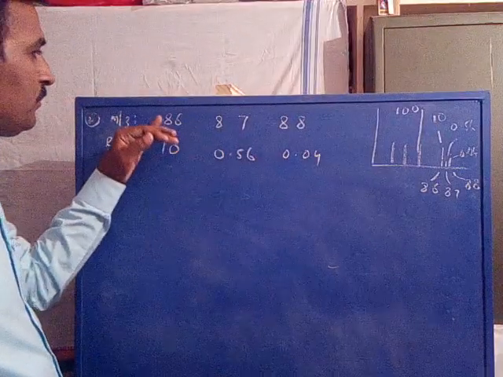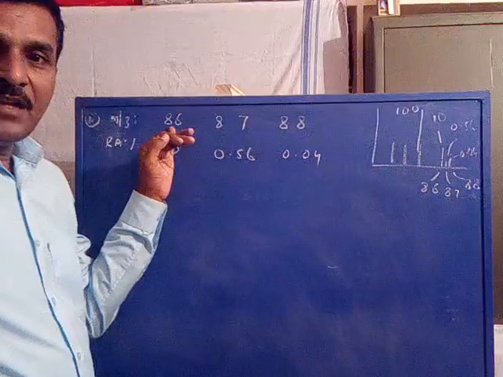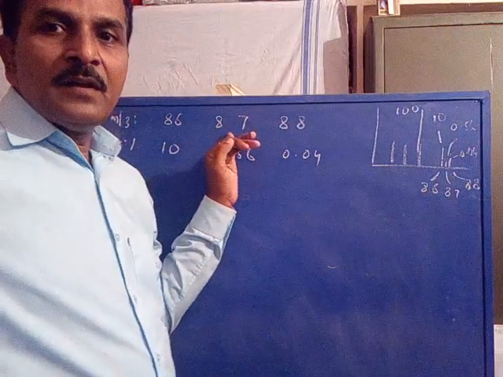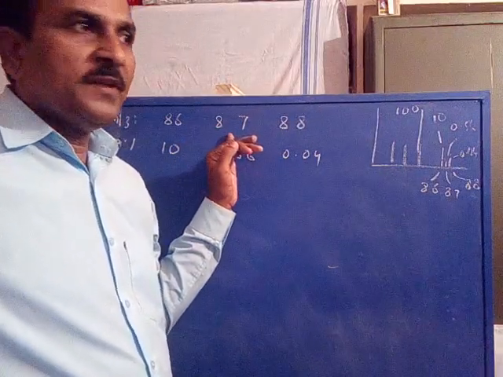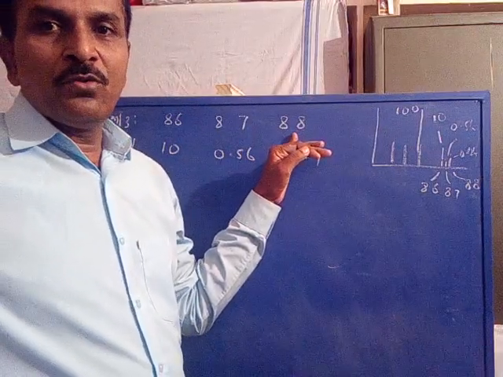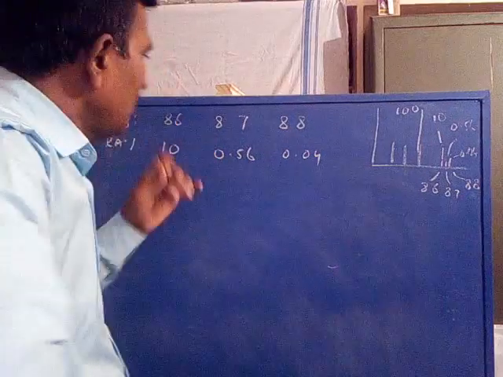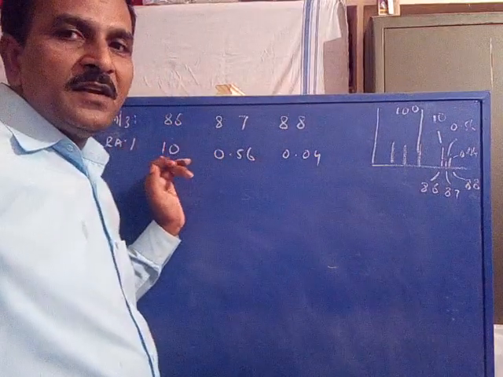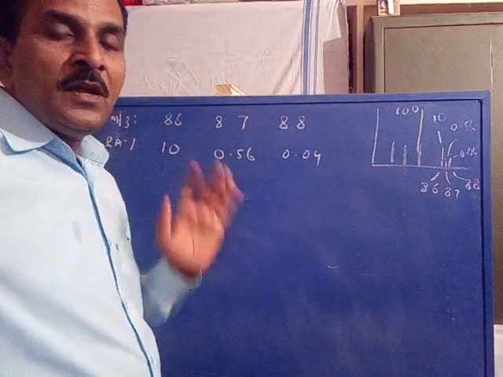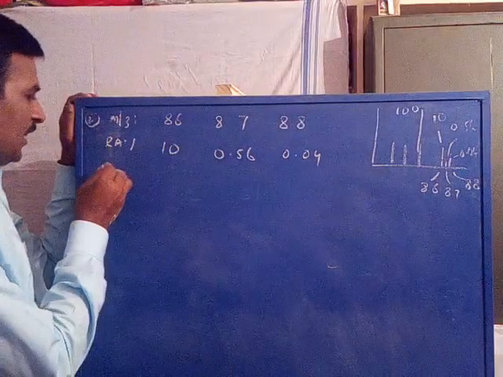Now you see, 86 is the molecular ion signal. 87 becomes the +1 signal, the first isotopic signal. 88 corresponds to the molecular ion +2 signal, the second isotopic signal. The molecular ion signal intensity is only 10%, which means it is not 100%. Therefore we have to raise its intensity to 100%.